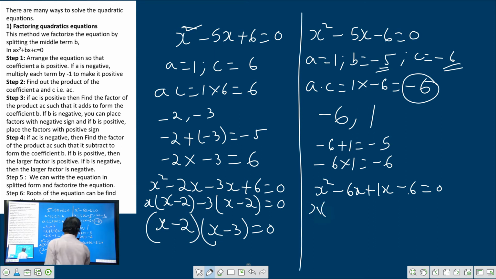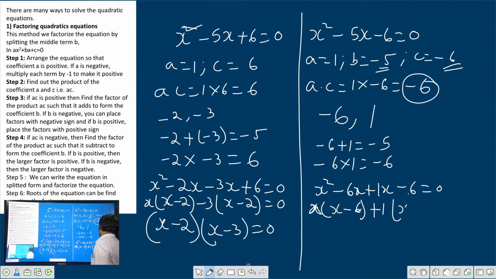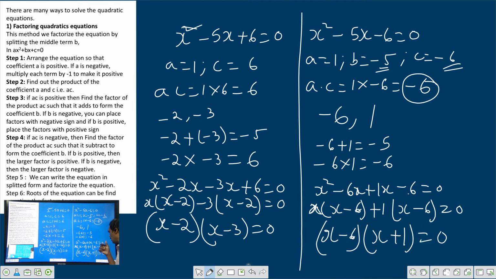So x into x minus 6 plus 1 into x minus 6 is equal to 0. Once again, what can I write? x minus 6 into x plus 1.